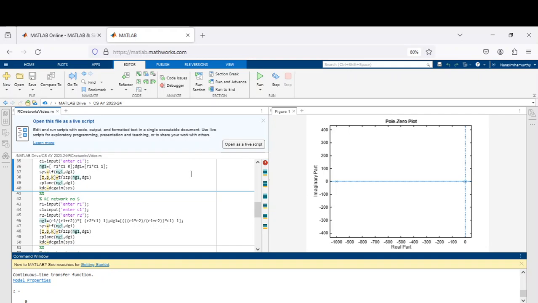Let us move on to the next circuit, where we should have a resistor going in parallel to this.